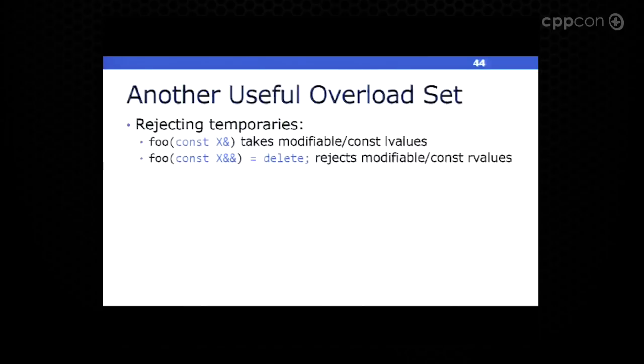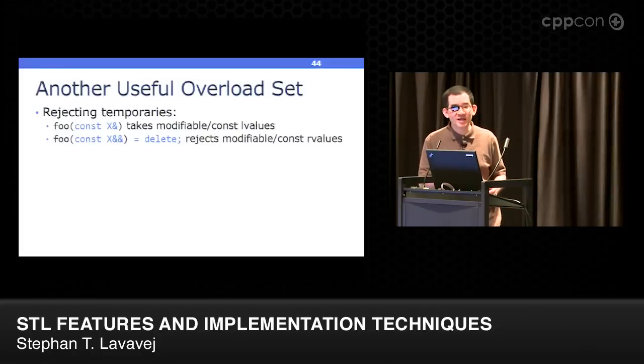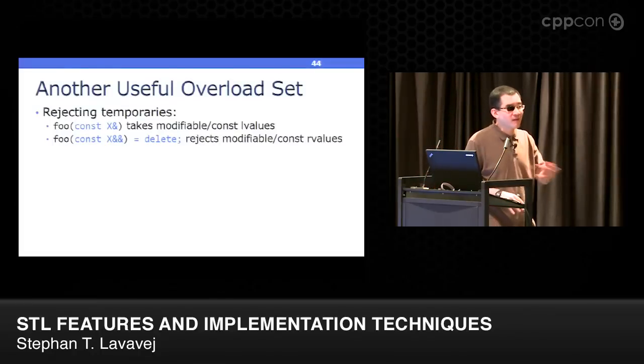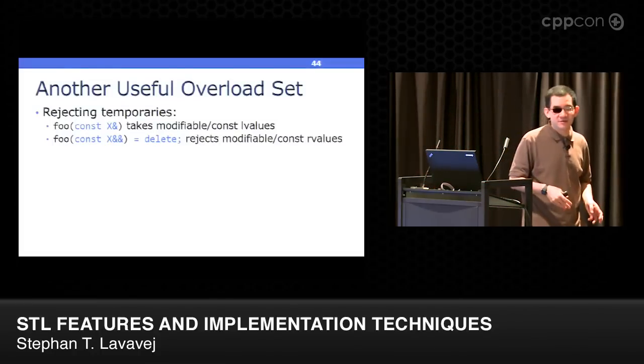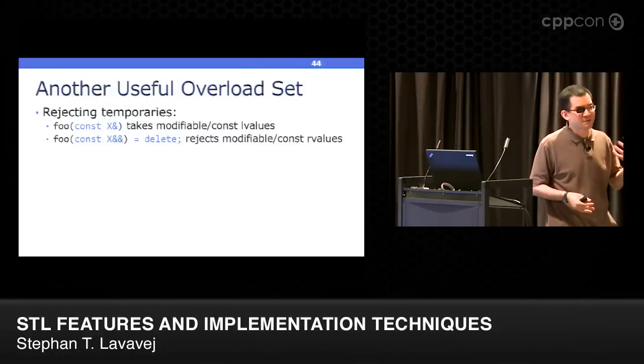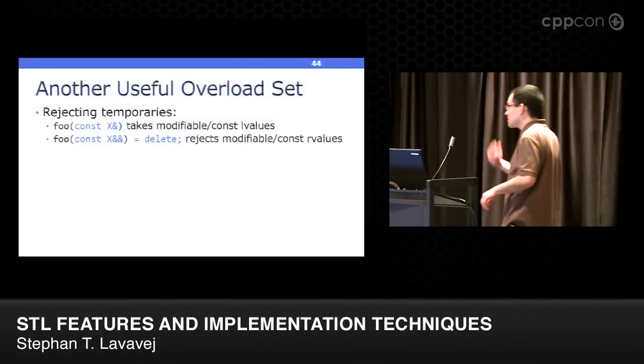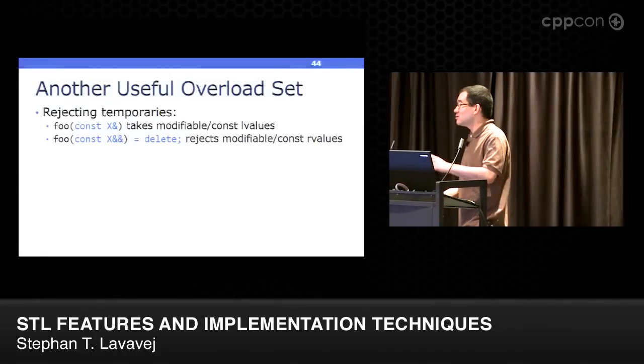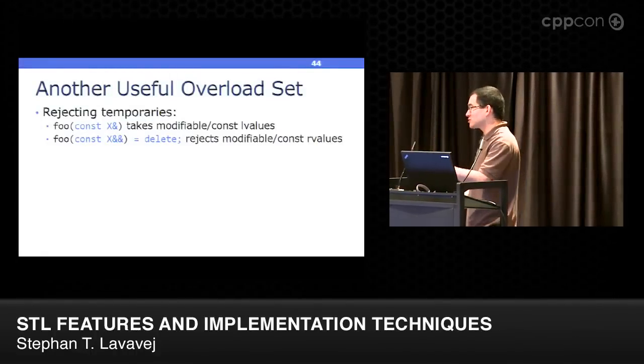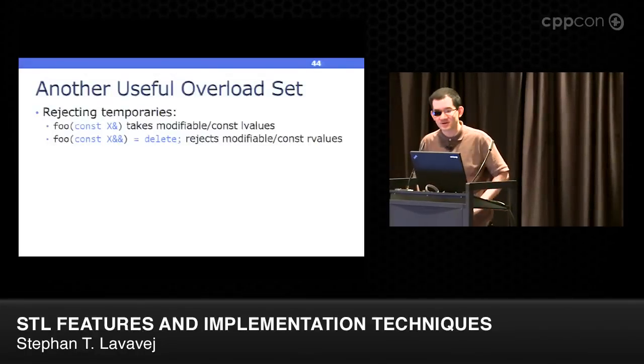But it can be used to detect temporaries. So here is what I think of as the third new overload set that C++11 added. If you overload one thing that's good, that takes const X ref, that will take both modifiable and const lvalues. Lvalues are expressions that are persistent in some sense, often names, but also like array[0], something you can say over and over. And you can get pointers into them, and those pointers will be to things that hopefully will live a long time.